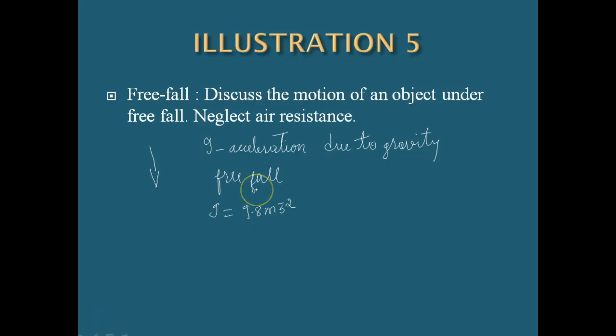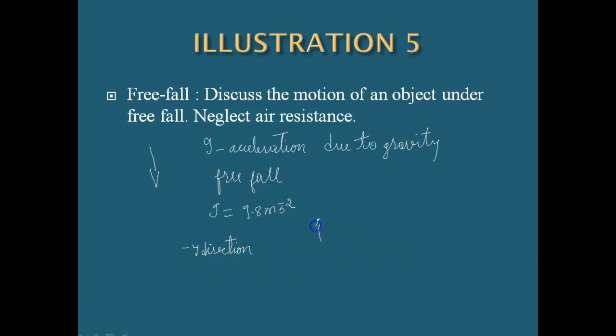Okay. Free fall is thus a case of motion with uniform acceleration. We assume that the motion is in the y direction. We'll consider the motion in the y direction, and more correctly in the negative y direction. When the object falls towards the ground, we'll consider its motion in the minus y direction because we choose the upward direction as positive.